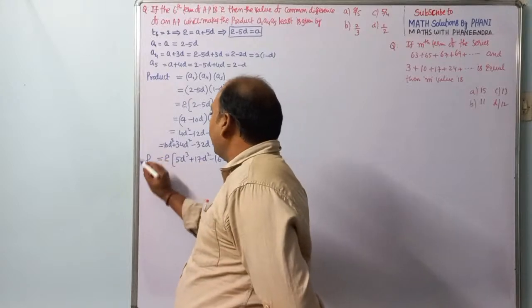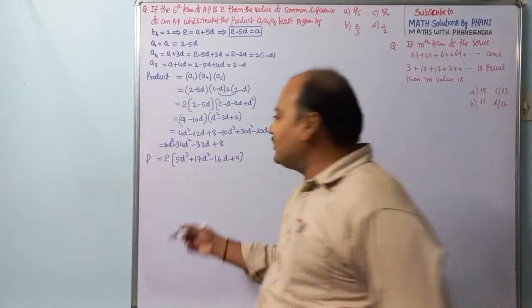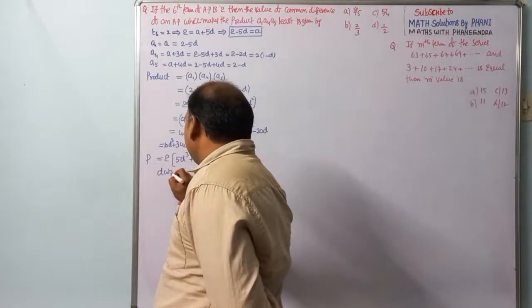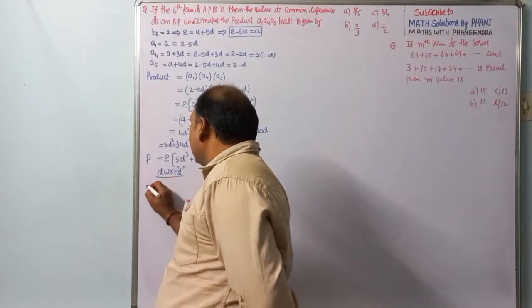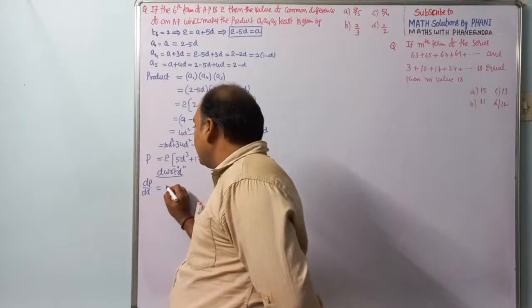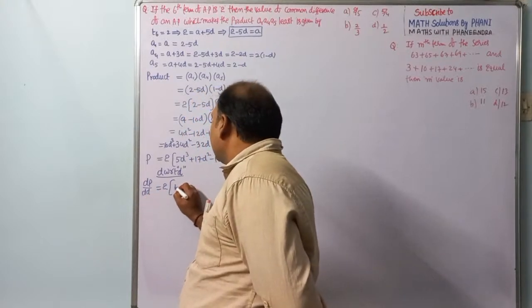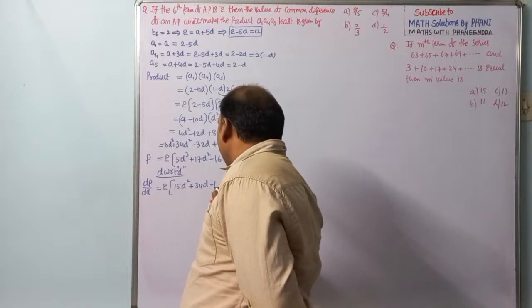This is the product. So P in terms of D is there, means you have to differentiate with respect to D. Differentiate with respect to D. So dP by dD is equal to 2 constant. So 15D square plus 34D minus 16.